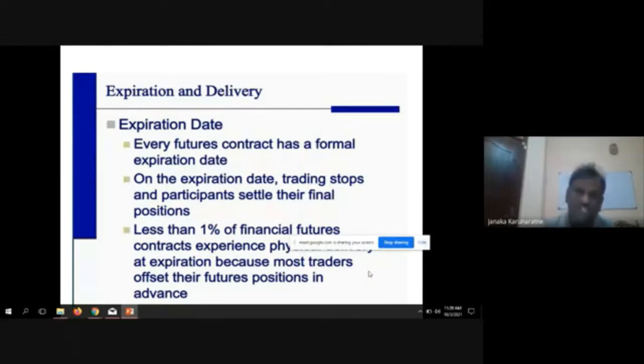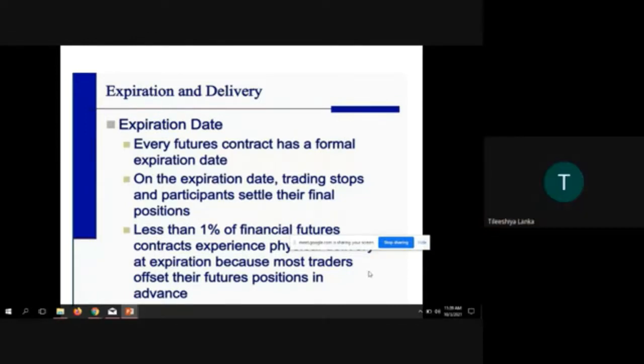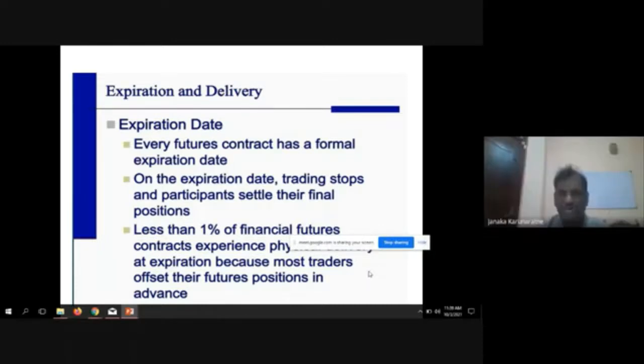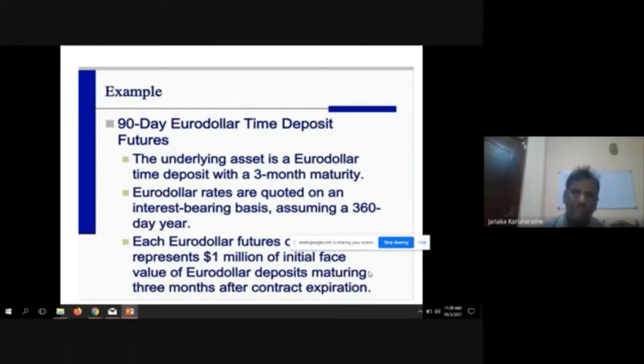Whenever they see the opportunity, they offset through the opposite position. Like if you have a bought futures contract and I realize the price has gone up, then I will offset through a sell. Then this is the important part: the common 90-day Eurodollar time deposit futures.